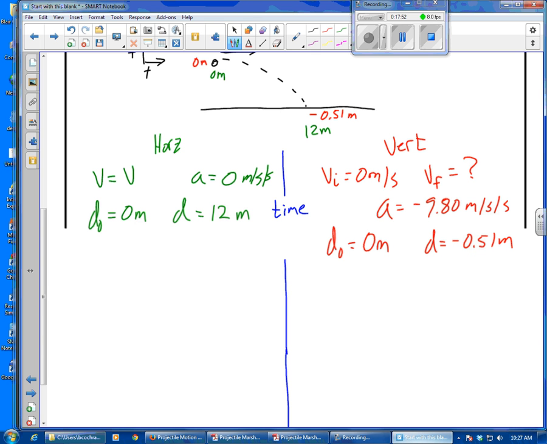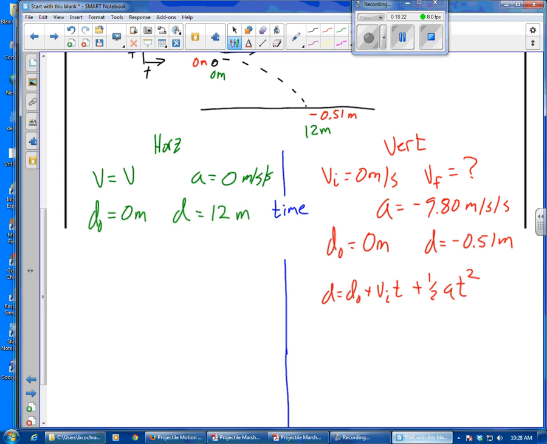So vertically, I'm going to use d equals d0 plus v initial t plus 1/2 a t squared, because I don't know what velocity I end up at or the amount of time, but I do know acceleration, I do know initial velocity, I do know final position. So it seems like I know a lot more in this than I would in my other ones.